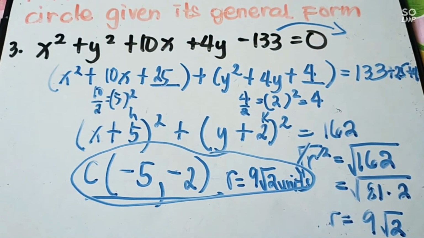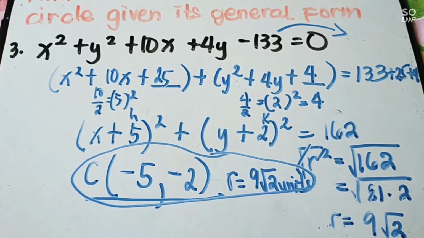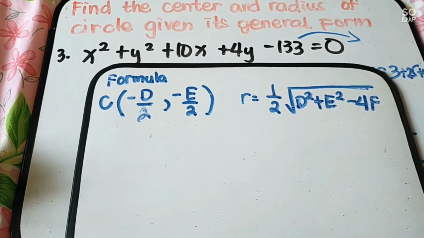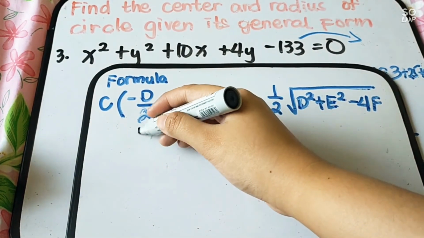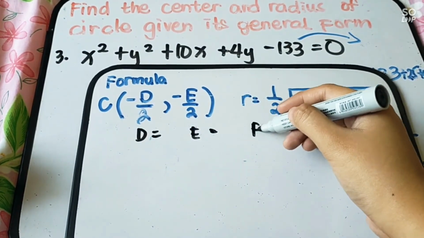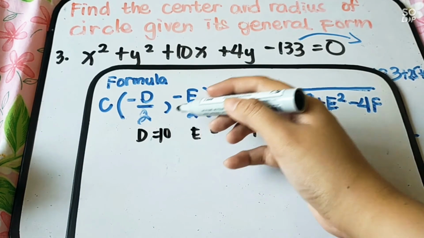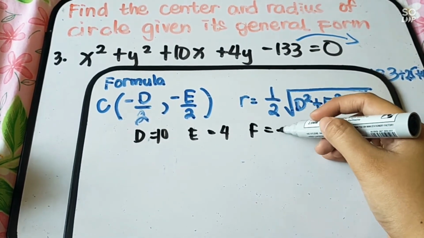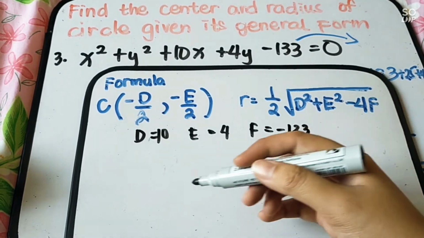Now, let us use the formula. Let's see if the answers will be the same. Formula this time. So, let us first identify your D, your E, and then your F. Our D, we have 10. Our E, we have 4. Our F, we have negative 133.